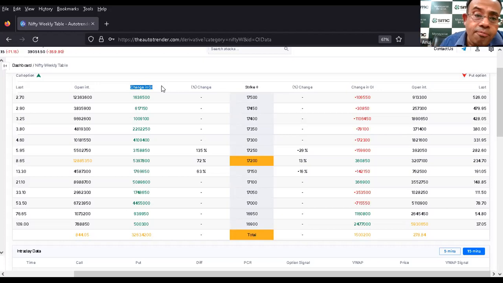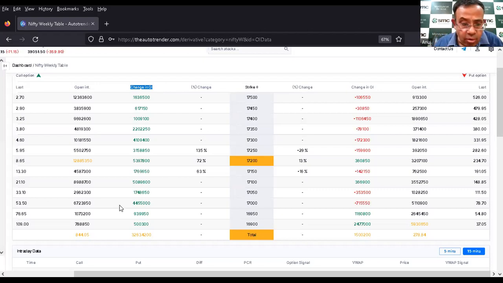The probability of the market going down when there is call writing happening is more. I am just suggesting a probability. It's not a guarantee. It is always a probability that if call writers are more active than put writers, the market will go down. And if put writers are in the majority, then the market will go up.